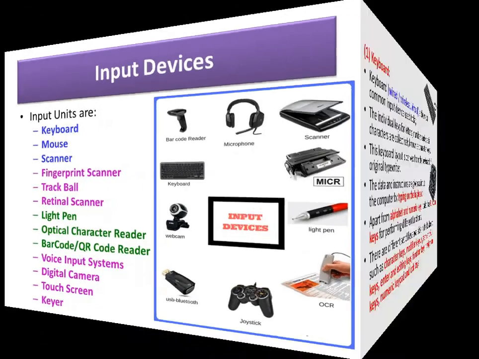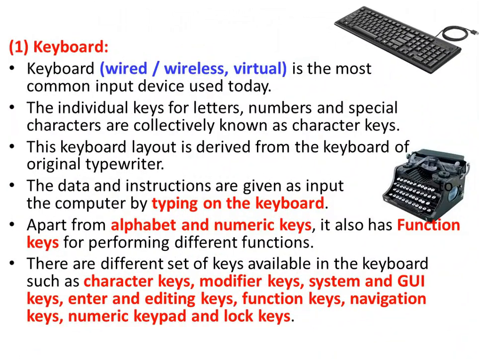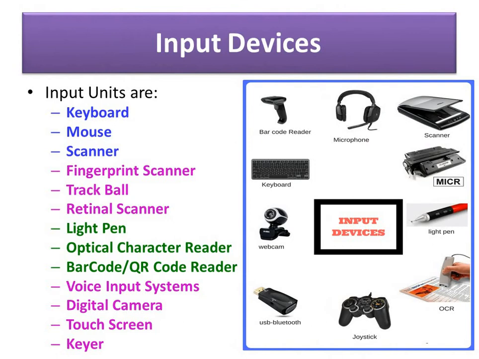The fingerprint scanner you would have seen in the banks, where the individual computers are fitted with a fingerprint scanner so that the employees can log in without any difficulty, without disclosing their password. Retinal scanner you would have seen in films where it is used for entry into the CIA or the NASA. Barcode and QR code scanner you are seeing everywhere, in supermarkets, in a shop, even in a small petty shop.